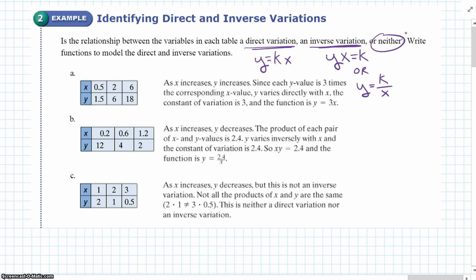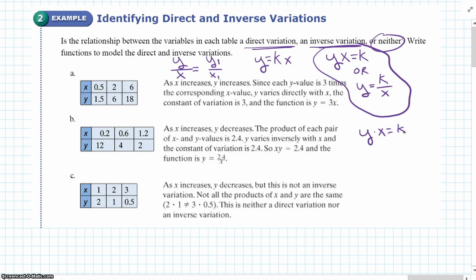Write a function to model the direct and inverse variations if it exists. If y equals kx, then y over x is always going to be equal for the other points. If it is an inverse, we know y times x is always going to be constant.